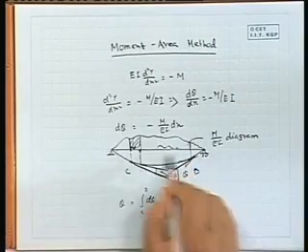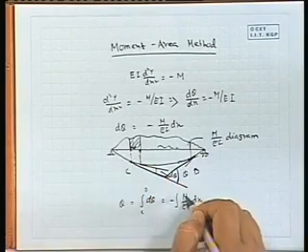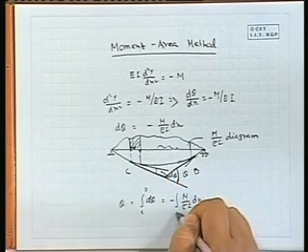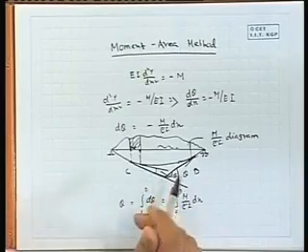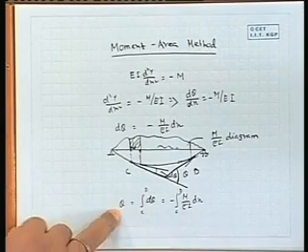The total area from C to D, if we integrate, gives, if we draw the slope here and the slope here, the difference between their angles, theta.